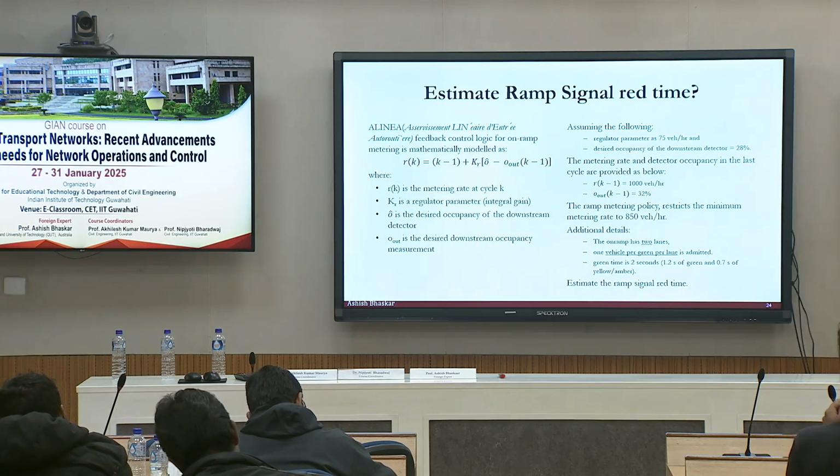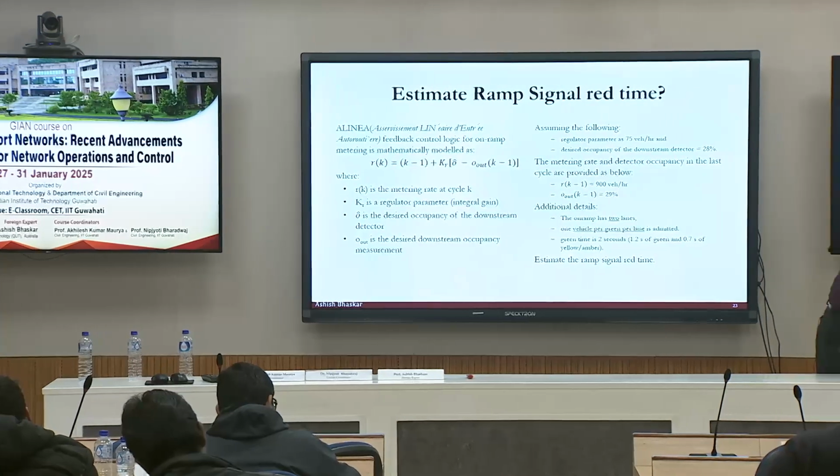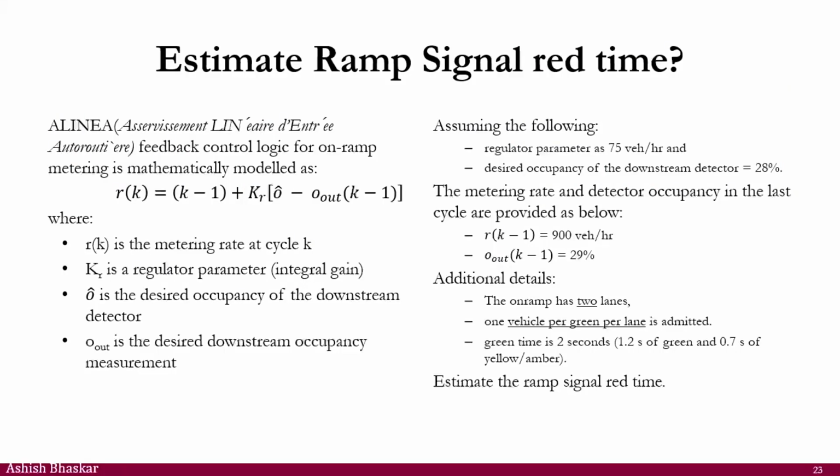Okay, I should have done that for the previous one. Sorry about this. So what previous case we are saying was, this is the equation you have, right? It should be r(k-1), by the way. So you had 900 vehicles per hour.